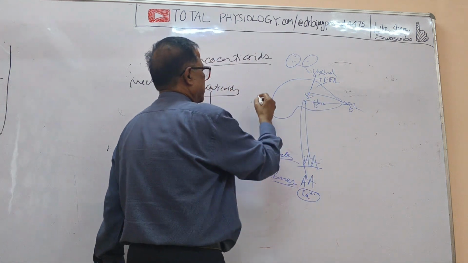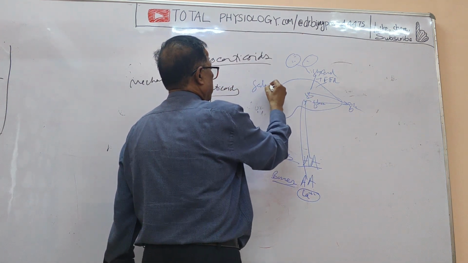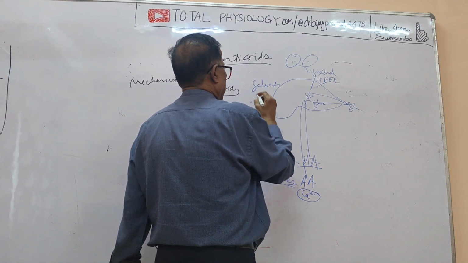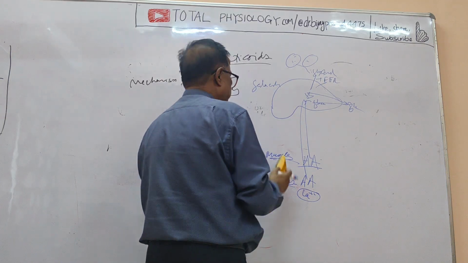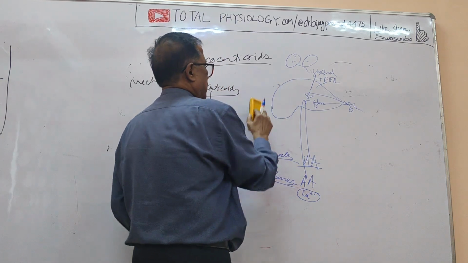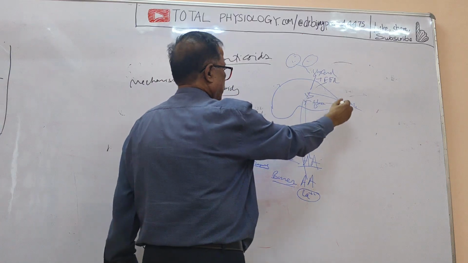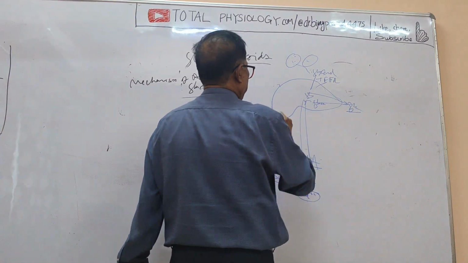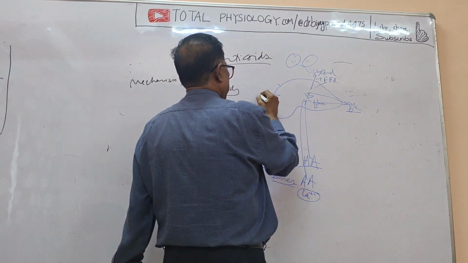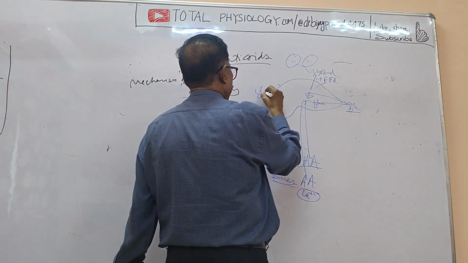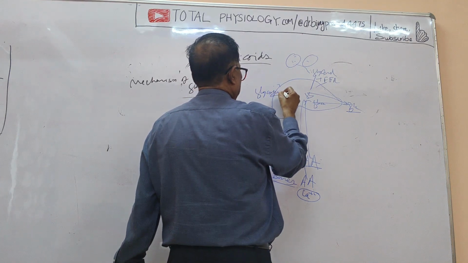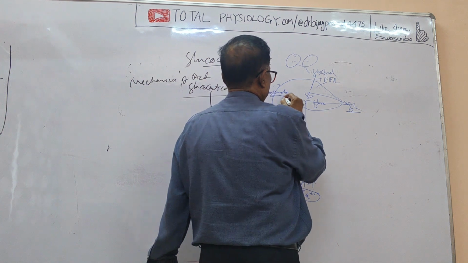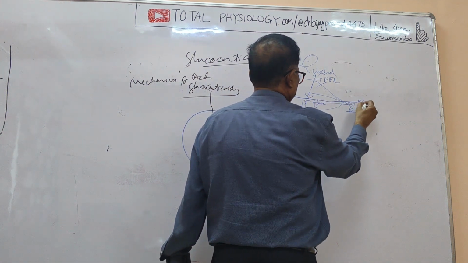Now, galactose. All these things will increase the blood sugar level. Now, glycogenolysis. Glycogen is converted into glucose.